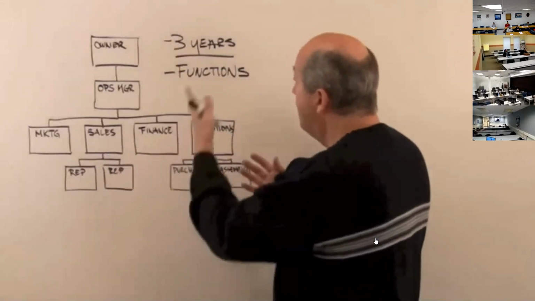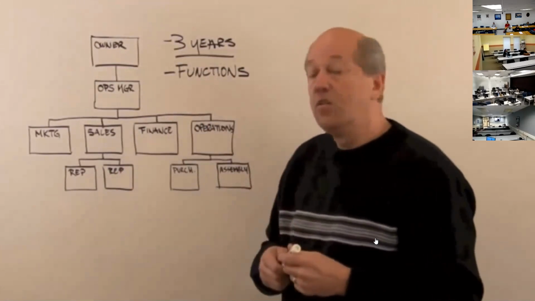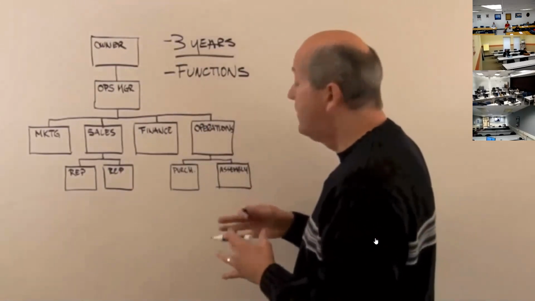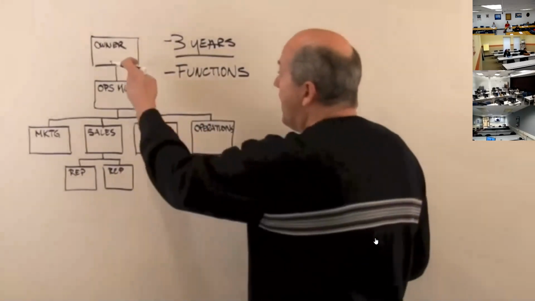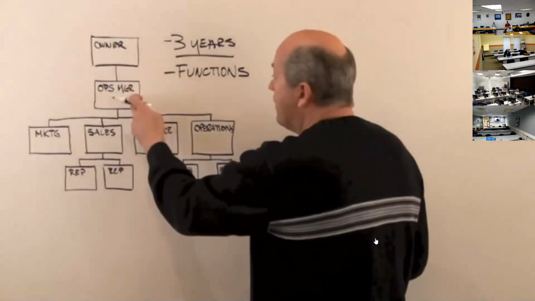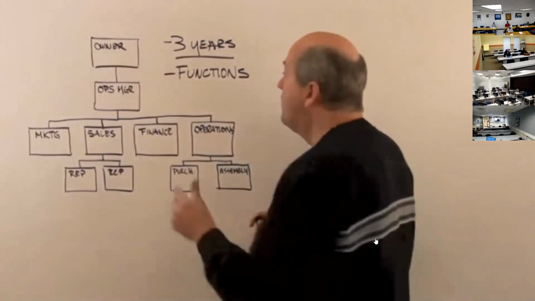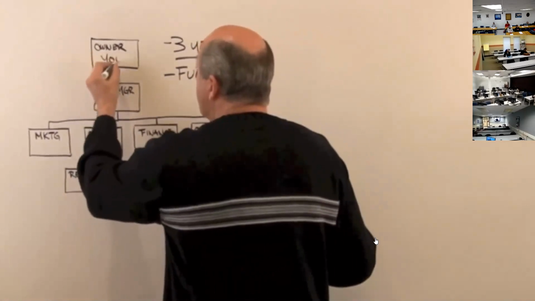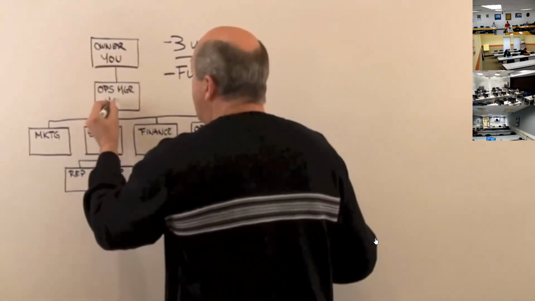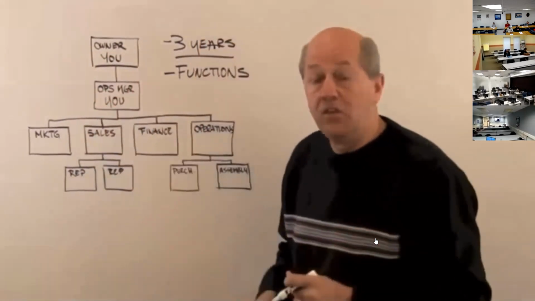And once you do that, looking three years out by function, then you can start to put individuals into the boxes. And you'll notice I have a box that's different for the owner than for the operations manager. That's for a reason, because the owner's role, who is you, is very different than the operations manager role, which may also be you.